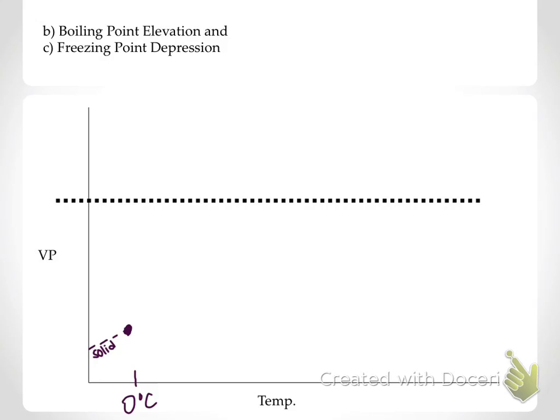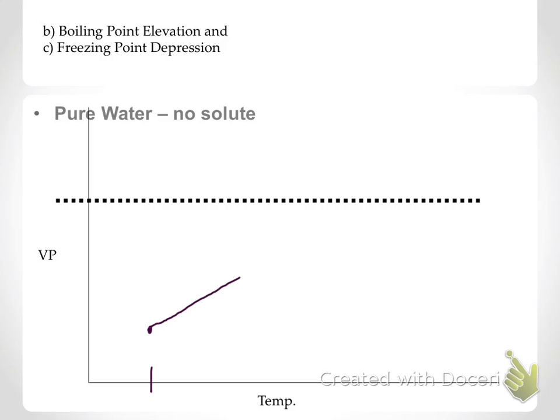And then from here, as the temperature goes up, those water molecules are going to have more energy, and the vapor pressure is going to go up. I don't know why I'm having so much trouble with this. So from 0 degrees, it's going to go up until it hits this dotted line, which I have chosen to represent the atmospheric pressure.